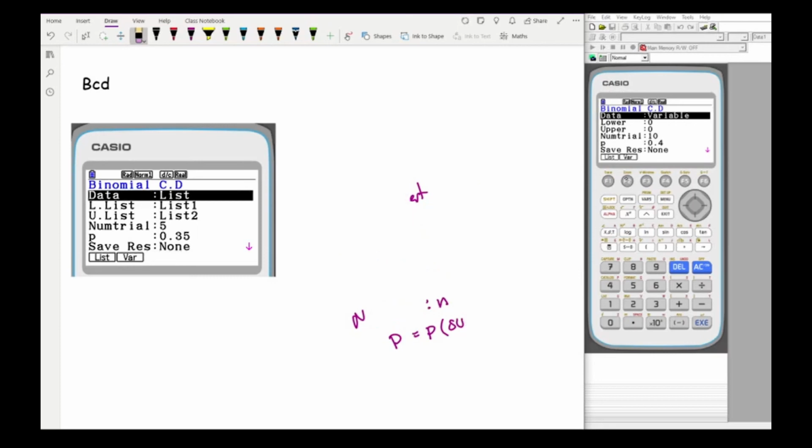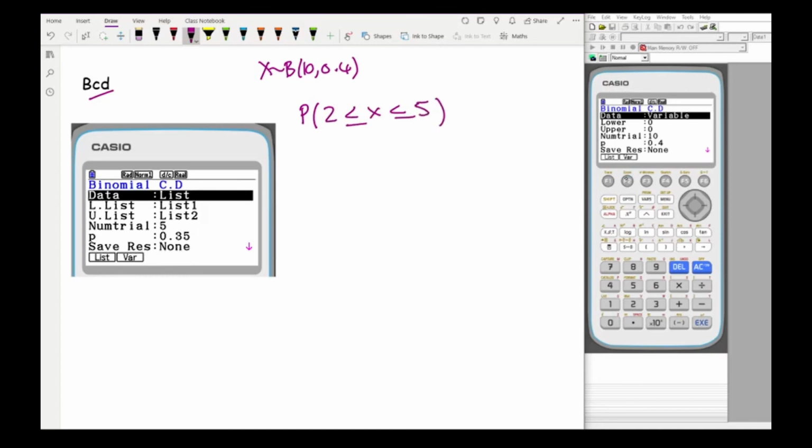So for example, let's have a look at how I'd enter certain questions with regards to this. Using BCD, let's first of all set the parameters of 10, 0.4. Let's say I wanted to work out where x is inclusive of these numbers. Here my lower would be 2, my upper would be 5 because I want that number, and it's just a case of working through it.